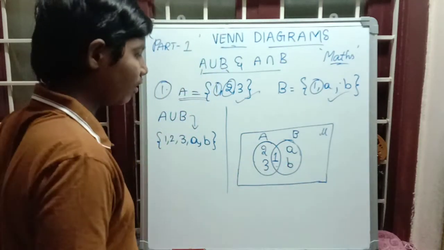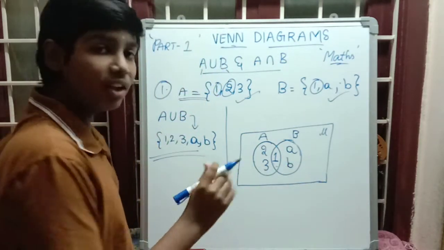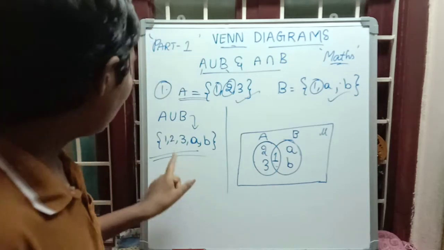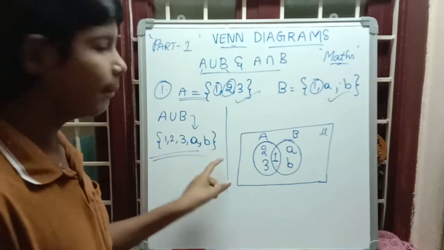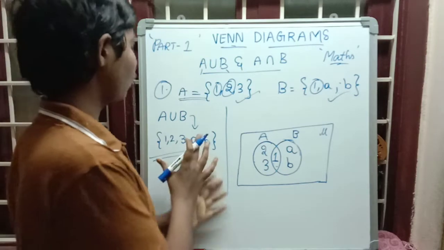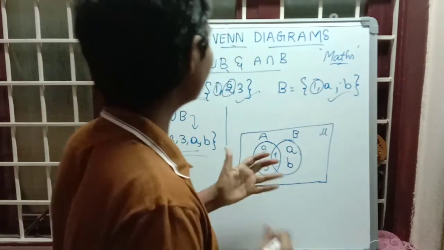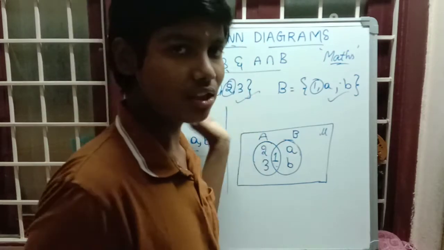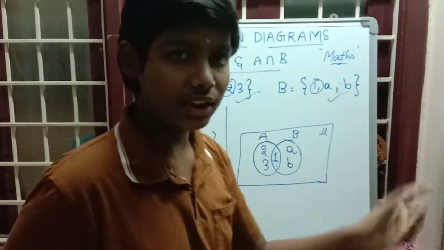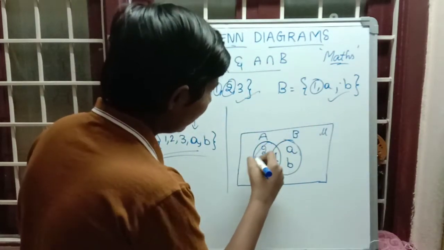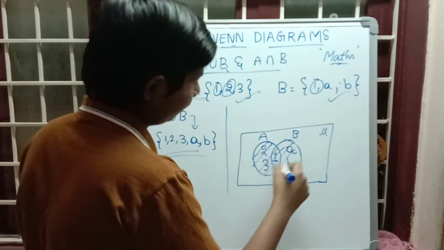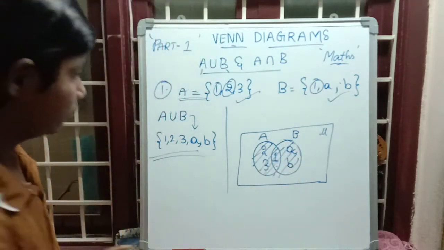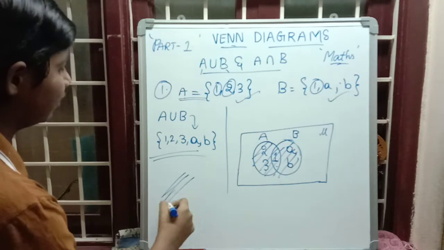Now the next step: first we have to do it in roster form. What will be the answer? 1, 2, 3, a, b. By not doing roster form also we can identify. As you know, the union definition is combining all the elements into one set. So we have to shade like this, not shading, like lines we have to draw.